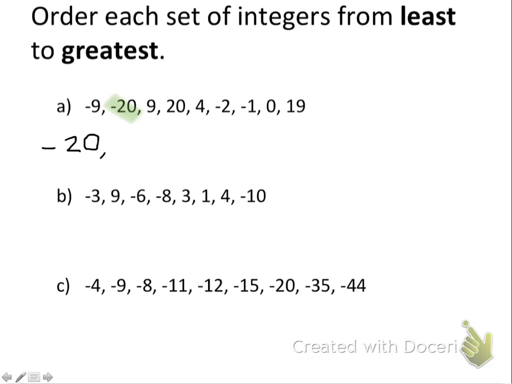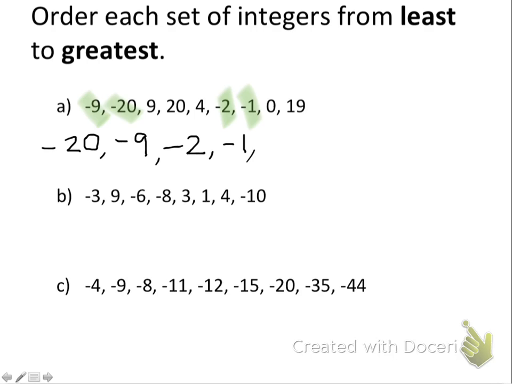The next smallest, so let's find the next biggest negative. It's negative 9 here, so next would be negative 9. Then we have negative 2, so our next integer would be negative 2. Then we have negative 1, so our next would be negative 1.